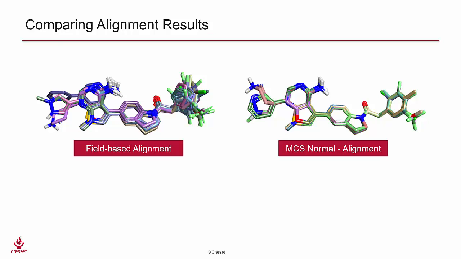This can be useful for identifying SAR for a library built on a single scaffold, with functional variations around the core. For more diverse sets, the maximum common substructure option is not preferred.